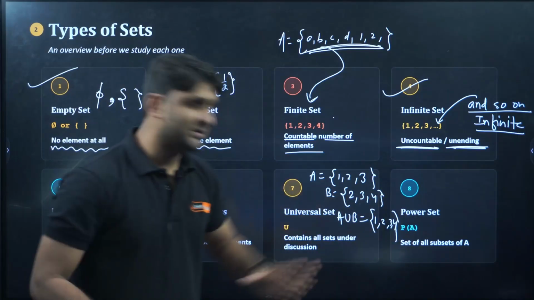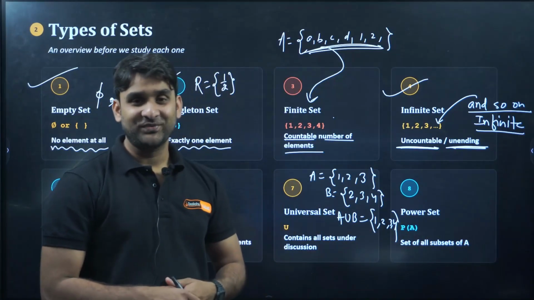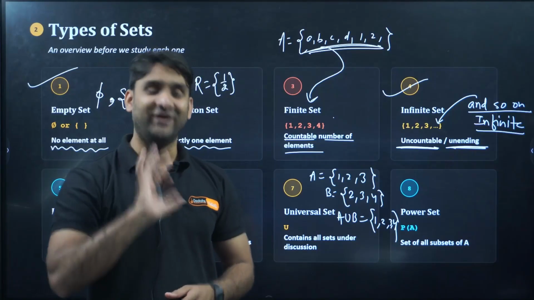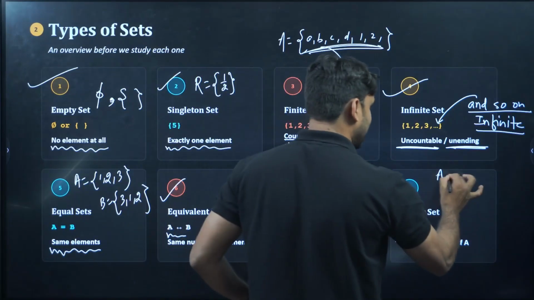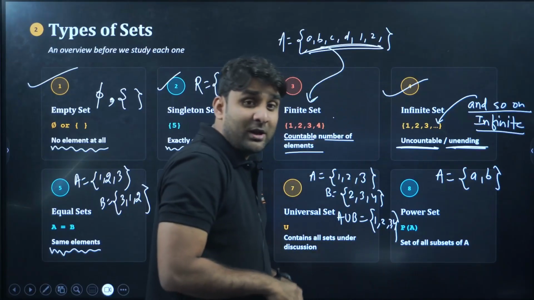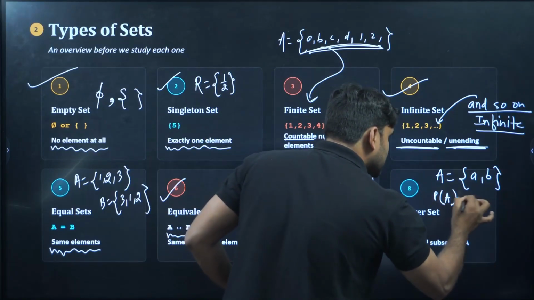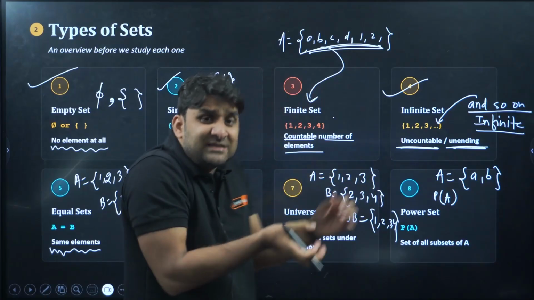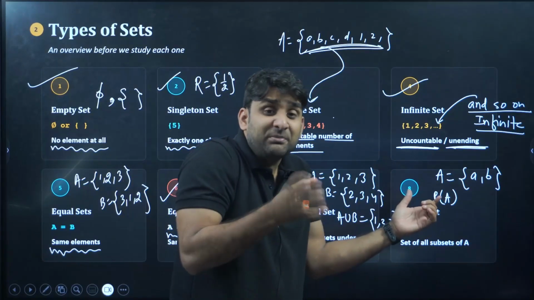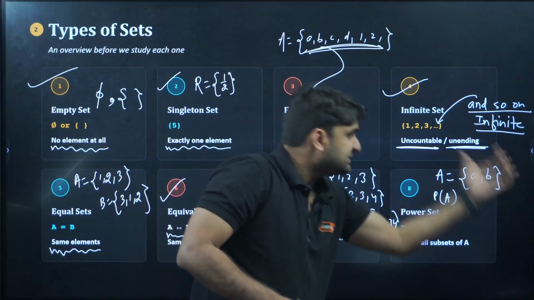Next is the power set. Power set means what? Set of all subsets of A. Listen, for example, I have set A, B. So what is called the power set? Basically, power set means the set of all subsets.